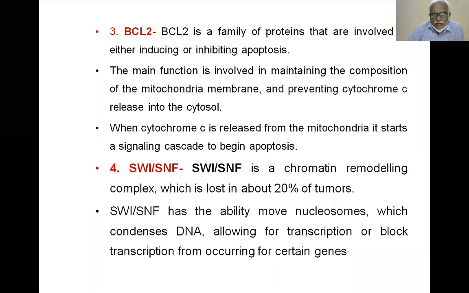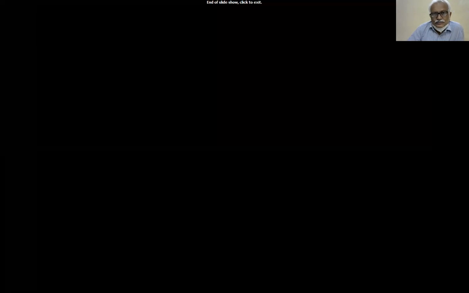They are lost in about 20% of the tumors. So these two chromatin remodeling complexes have the ability to move nucleosomes, which condense the DNA and allow for transcription or block transcription from occurring for certain genes.